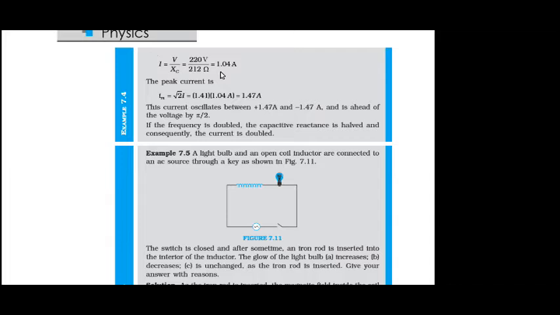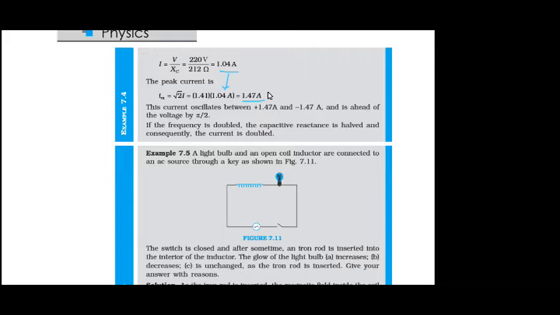So we got I is equal to 1.04 A. The peak current is Im is equal to root 2 I, where root 2 is 1.414, and putting the value of I we just found, we get the peak value of current as 1.47 ampere.